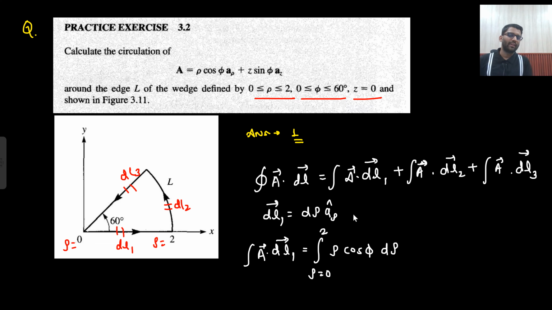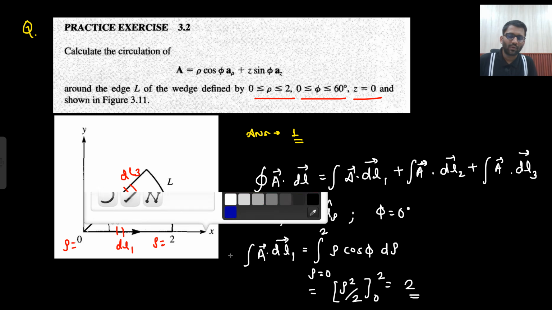What is the value of phi for dl1? Phi is 0 degrees. From 0 to 60 it is going, so here phi is 0 degrees only. Cos phi is 1. So what you are getting? Rho square by 2 from 0 to 2. The answer is 2.